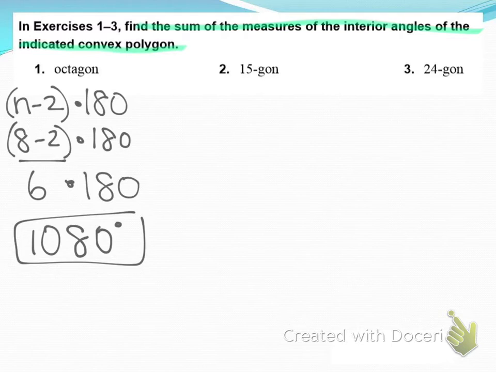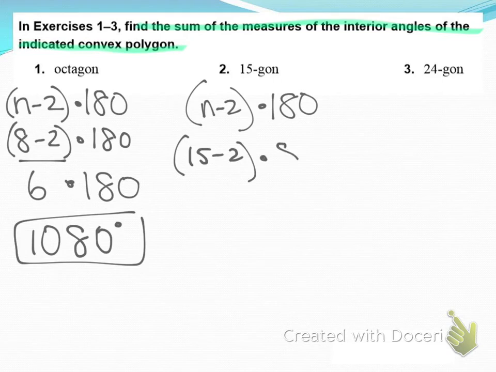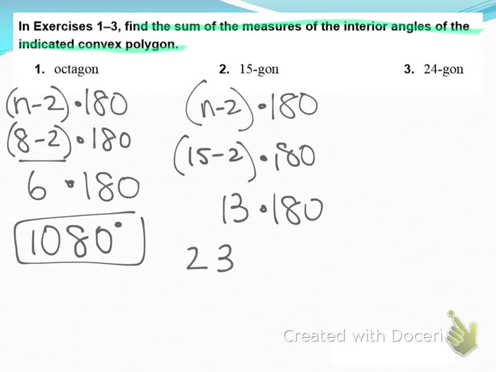Alright, that's it. That's the formula. Ready? 15-gon. So n minus 2 times 180. Number of sides is 15. How many triangles are in a 15-gon? 13 times 180. 2,340 degrees.